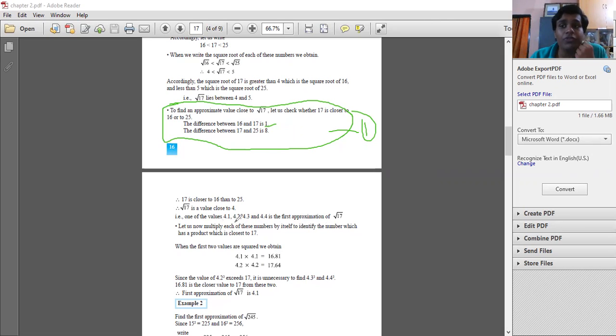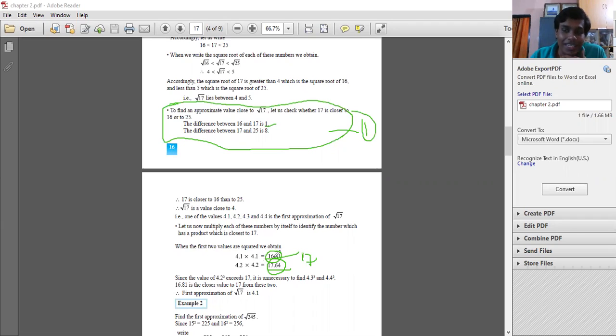If it's 4.1, 4.1 squared will give you 16.81, and 4.2 squared will give you 17.64. That means 17 should fall between 4.1 and 4.2.